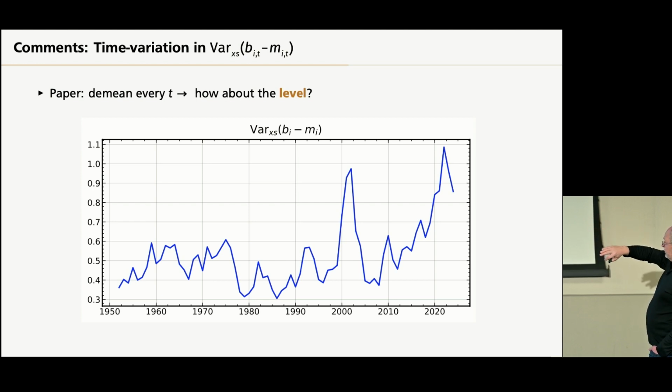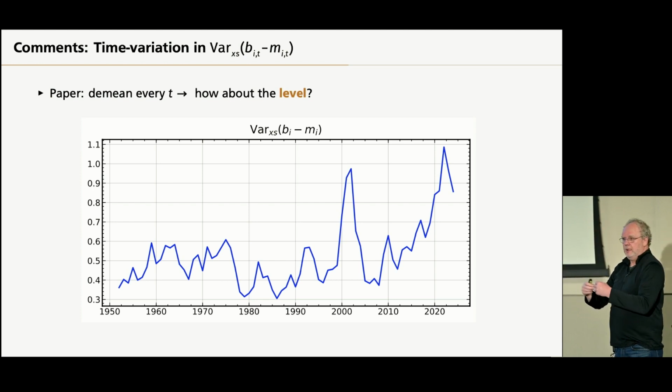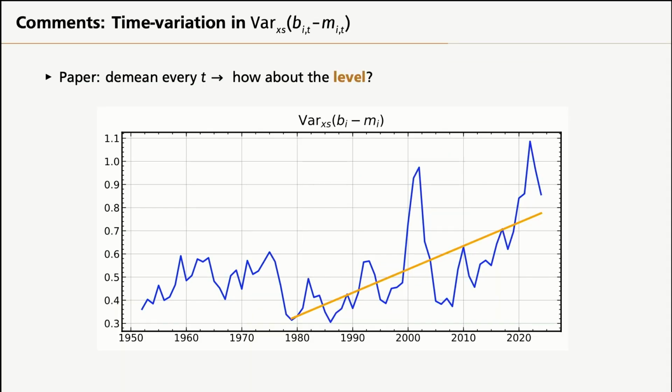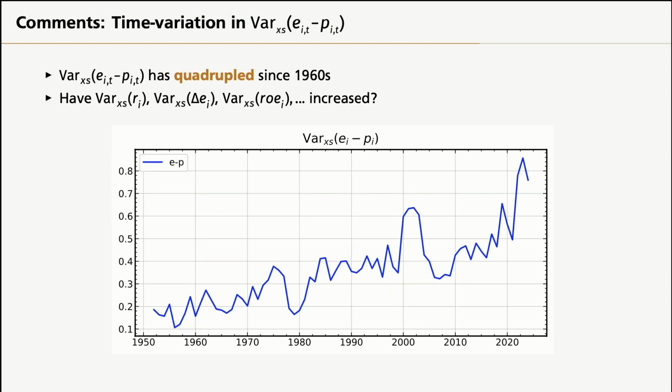The cross-sectional distribution of the book-to-market ratios has roughly doubled from 1980. If you do the same thing for the earnings to price ratio, you actually get a secular increase over time.